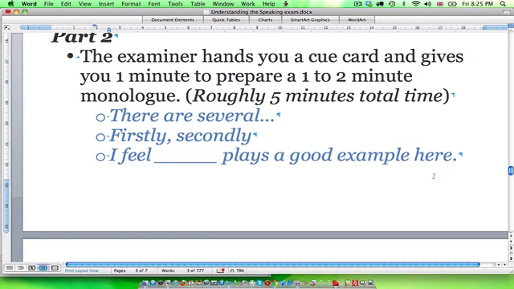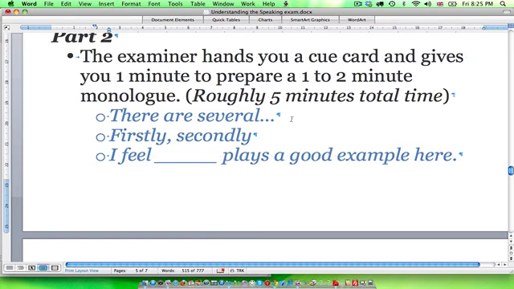So now, nice ways to start part 2. If it asks you, for example, what are some problems of whatever, there are several, and then we might expand this to say something like, there are several reasons why X, Y, and Z are happening. Firstly, this is happening. Secondly, an additional reason is, and we progress our response that way.